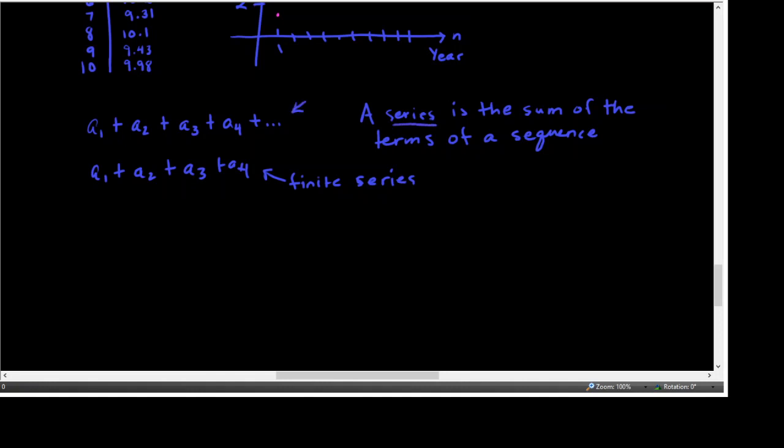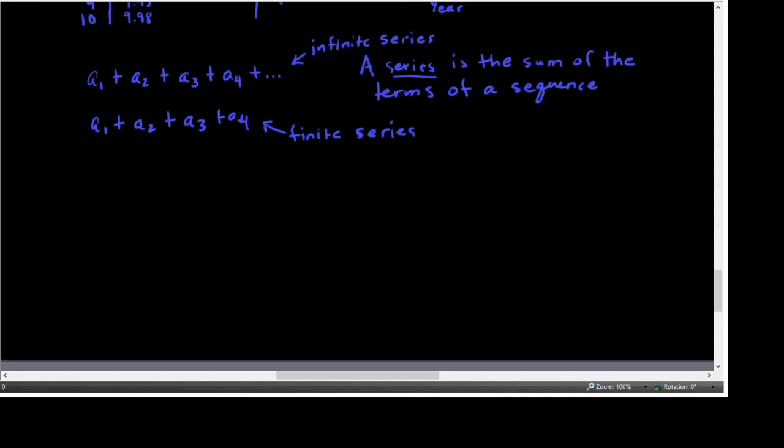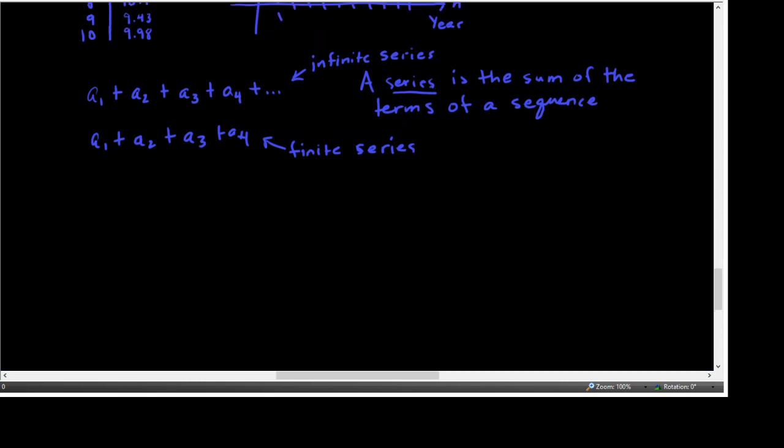So although technically we could call this an infinite series, we're just going to embrace the term series and imply that it's infinite whenever we're dealing with it. And if we want it to be a finite series, we will put the word finite in front so that you know that you're dealing with just a certain number of terms and you stop.